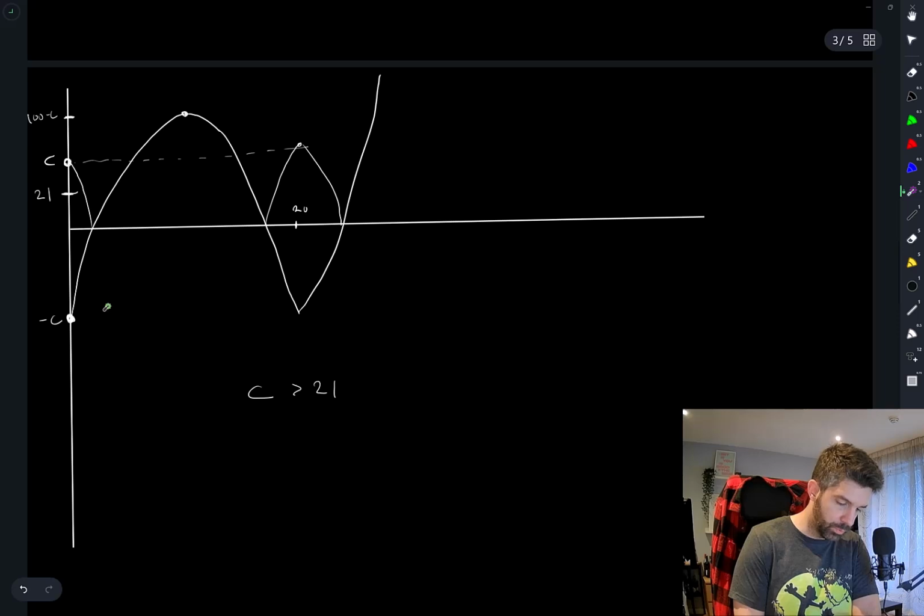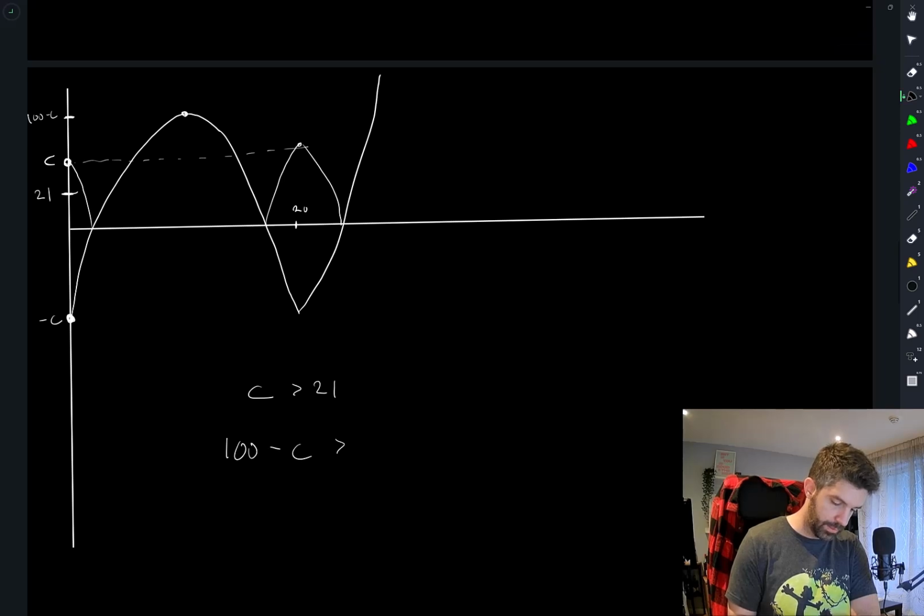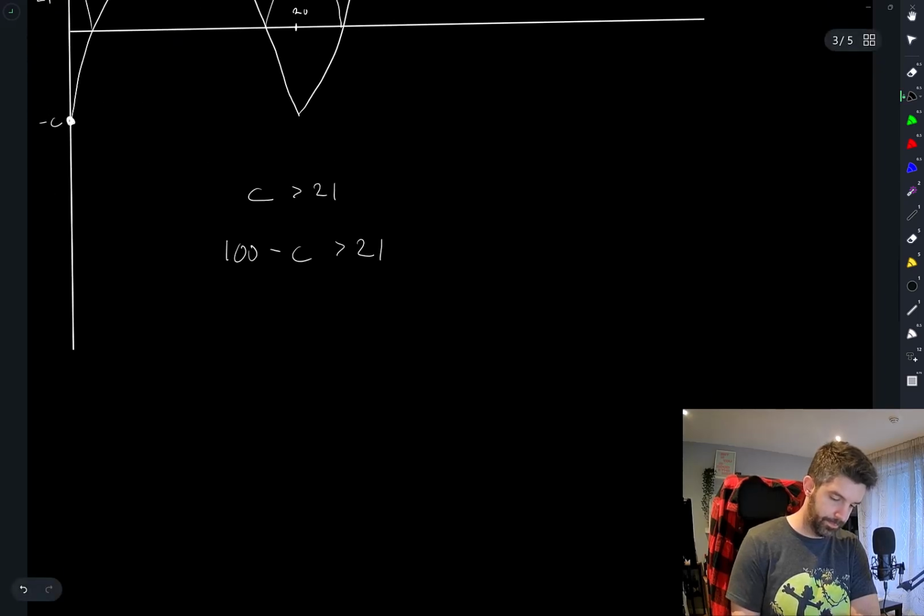If c is equal to 21, then I have 1, 2, 3, 4, 5 solutions. This one only counts once. So I need c greater than 21. I also need 100 minus c to be greater than 21. So c is less than 79. Oops. So 79 greater than c greater than 21.